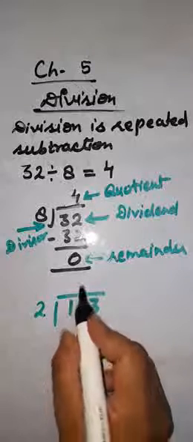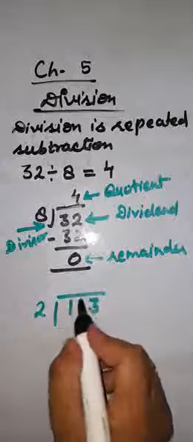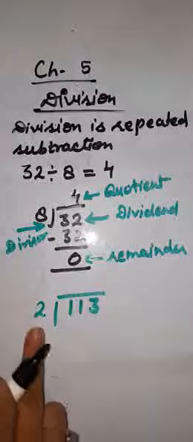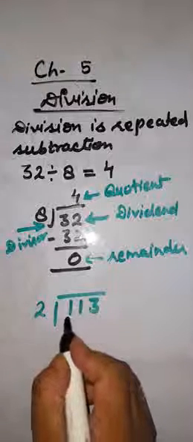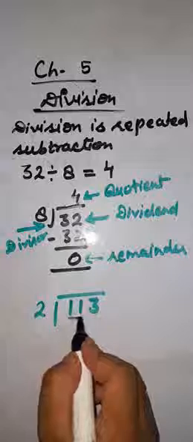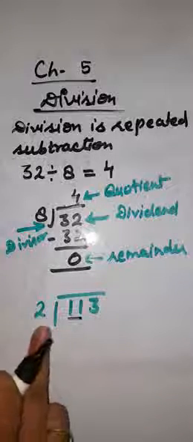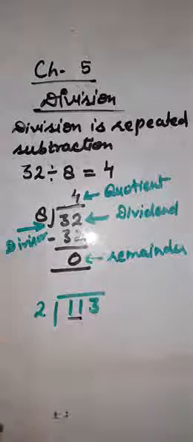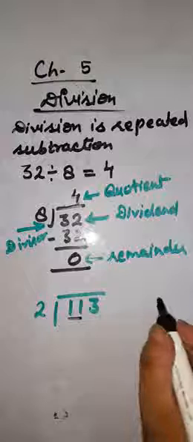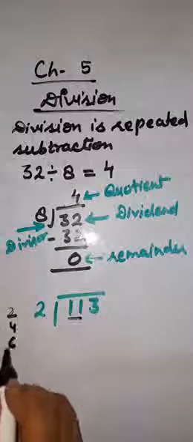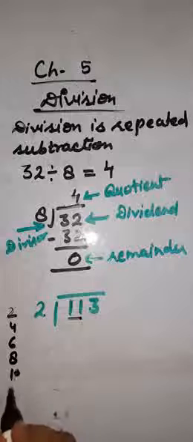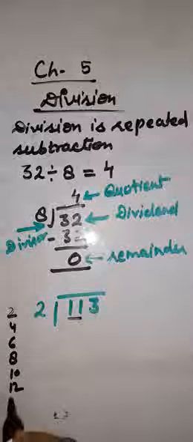We will write the first digit of the quotient above the second digit. Just recite the table of 2. Taking 2 digits, it will become 11. 2 1s are 2, 2 2s are 4, 2 3s are 6, 2 4s are 8, 2 5s are 10, 2 6s are 12, 2 7s are 14.